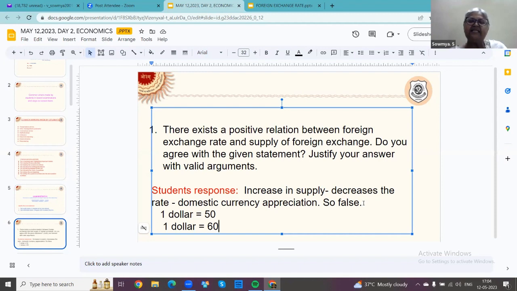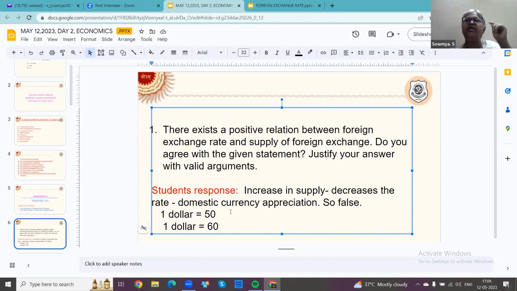Yes. And then probably investment into the country, right? More and more tourists coming into the country, all these things will happen. So think of the other country. Initially, for $1, the other country was getting 50 rupees worth of products from us.